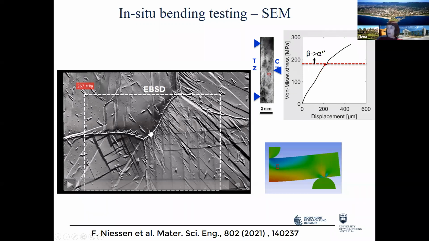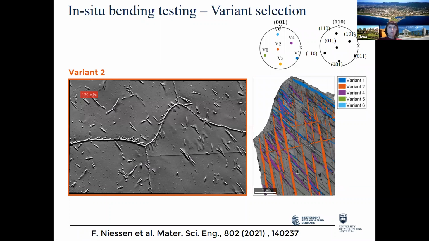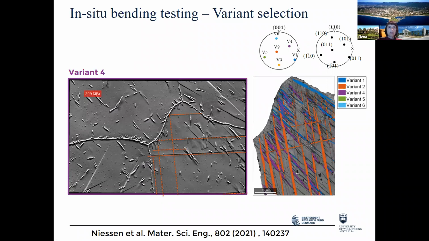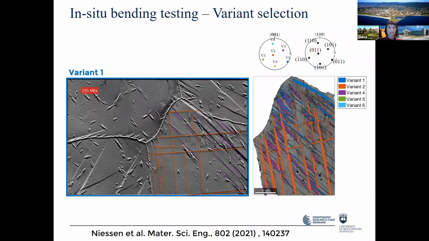The analysis of variant formation was done here by Frank, and if we overlap, this was first variant, second, variant 4, and variant 6.